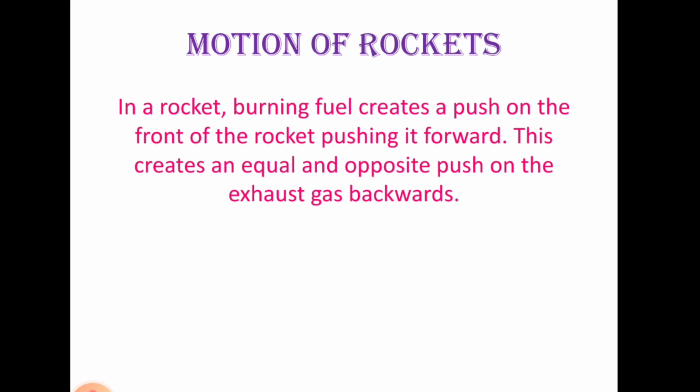And as I have already said, motion of the rocket. In a rocket, burning fuel creates a push on the front of the rocket, pushing it forward. This creates an equal and opposite push on the exhaust gas backward.